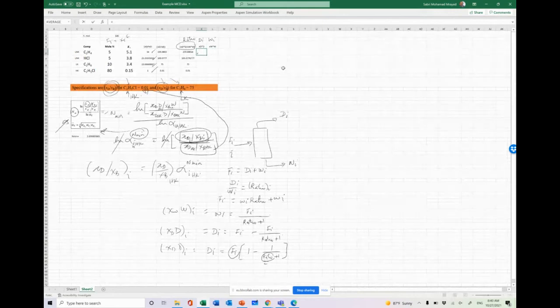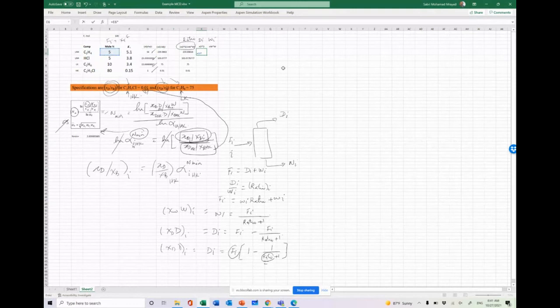So it's Fi, that means it is going to be the percentage here, which is Fi multiplied by, as you see here, 1 minus 1 over the ratio. We have to put the ratio here. The ratio is the one on the left here, plus 1, in a bracket here. So this is your value, 4.9.